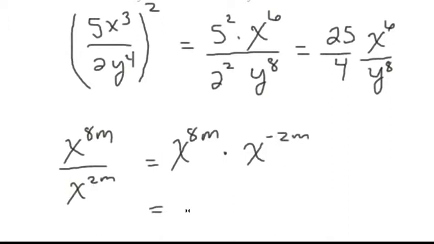Then x to the 8m, and we add our exponents, negative 2m. And of course, these are like terms, so this becomes x to the 6m. So this all reduces down to x to the 6m, and I think I'm going to be finished on rational expressions, just simplifying these. I'm sure I'll have more in the next section that are similar.